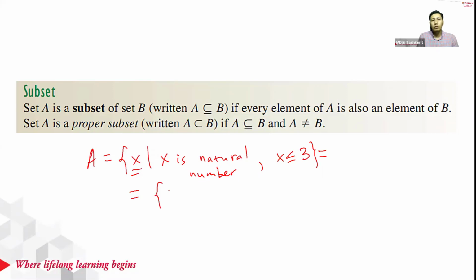That means x is equal to 1, 2, 3. Here we have these 3 natural numbers which satisfy these 2 requirements.